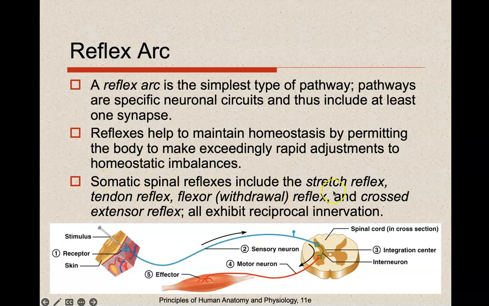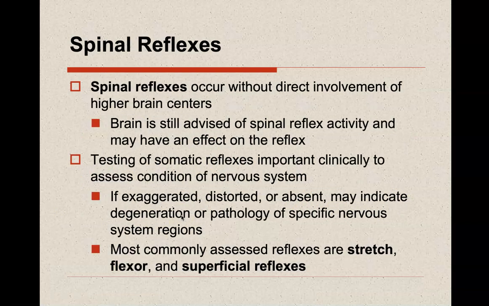And so we'll talk about the stretch reflex, which everybody pretty much knows because you've all had your patellar tendon tapped on throughout your normal clinic visits. And then there's a tendon reflex, a flexor withdrawal reflex, and then the crossed extensor reflex. So we'll talk about the flexor withdrawal reflex and the crossed extensor reflex. They kind of go hand in hand together. So we'll talk about those.